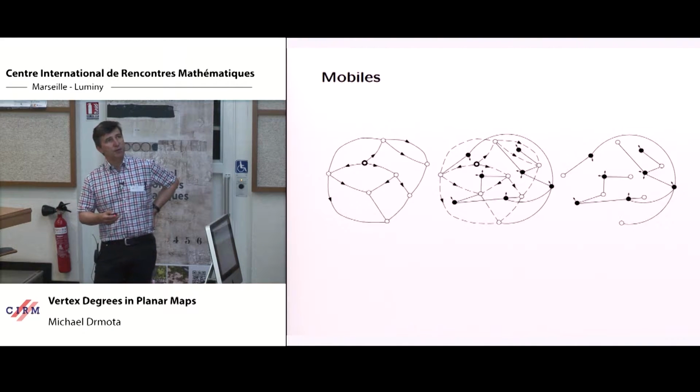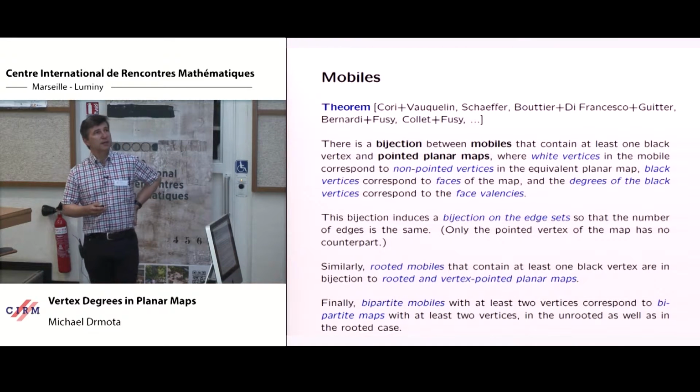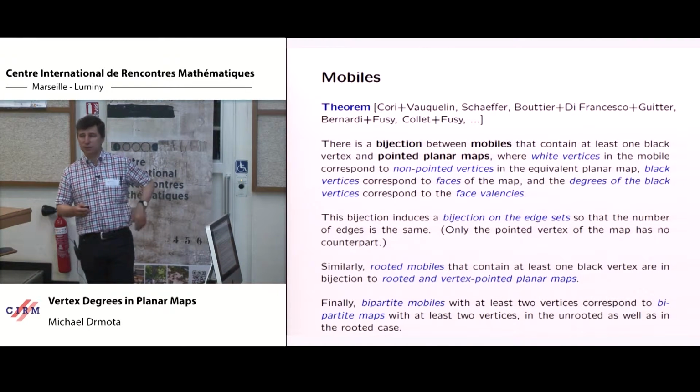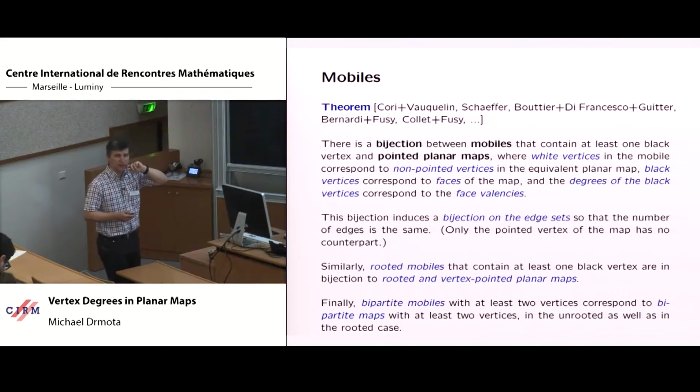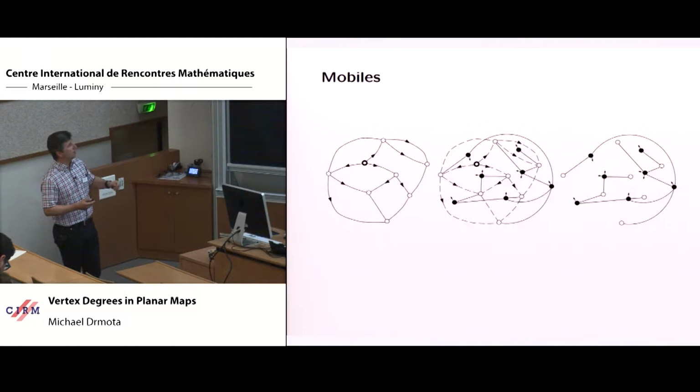I will explain the bijection a little. So this is the outer face here, and this vertex corresponds to this face, and so on. And what is important for us, the degrees of the black vertices, in the sense that I also count the legs, correspond to the face valences of the map. So, for example, here I have this vertex of degree 5. This corresponds to this face that has valency 5.